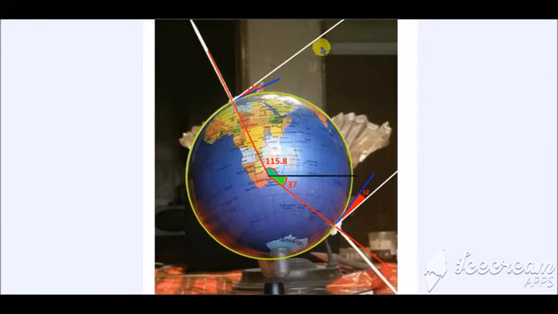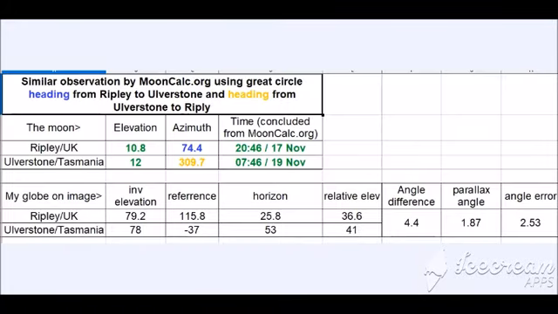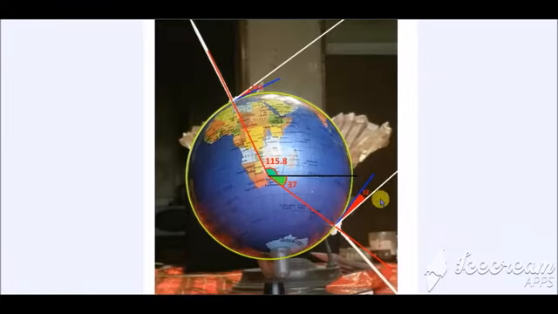These white lines here, these are the directions of the moon if this is the Earth. So they are not parallel. There's 4.4 degrees between them, but let's not forget that there's around 12,000 kilometers between the two points.